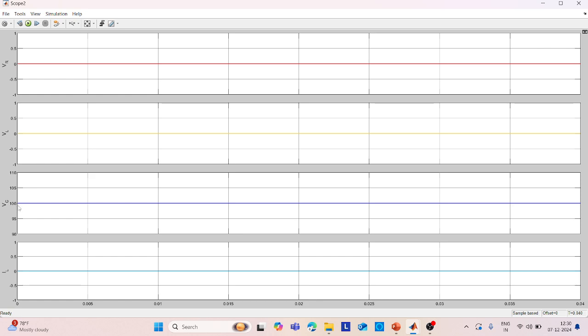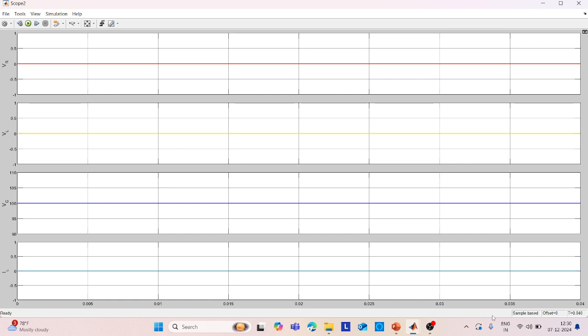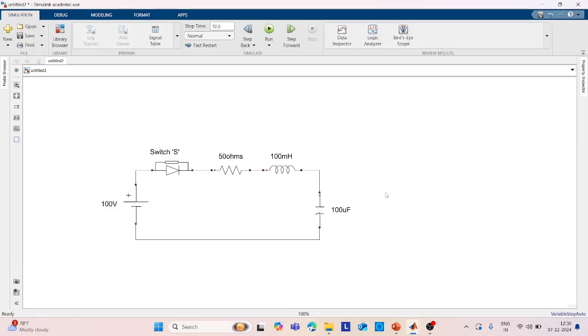You can see here 100 volts we are obtaining across the capacitor, and since the circuit is open, how would the circuit be? The circuit would be like this. You have this circuit, you can see here I am taking this circuit. The open circuit means you can remove this inductor, you can remove all these things, and just connect a line over here like this, so this becomes open circuit.